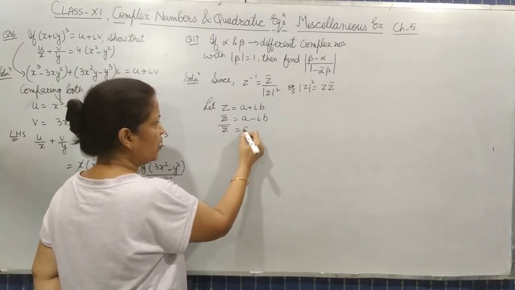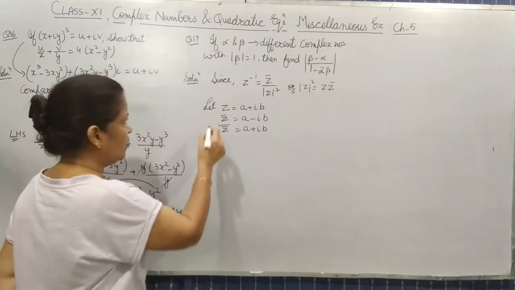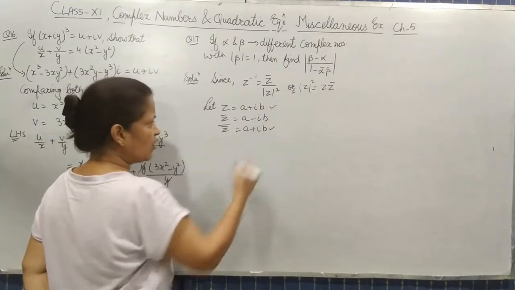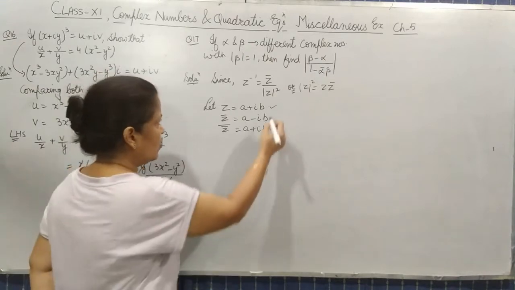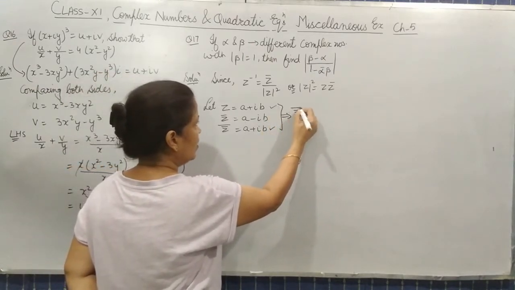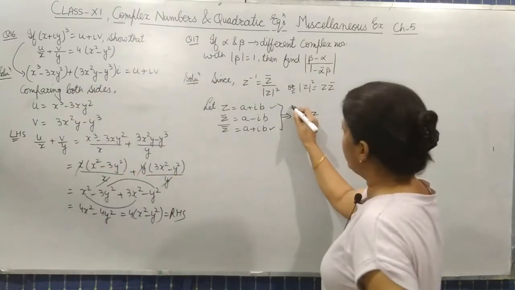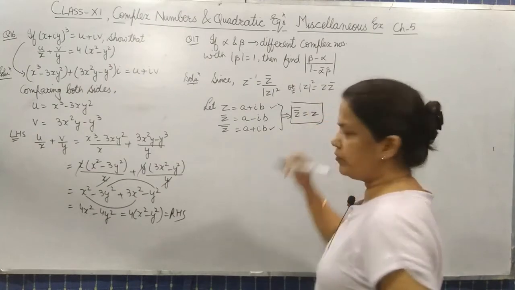This will become positive, so a plus iota b. So what does it mean from here? This part and this part are equal. So from here z double bar equals z. So somewhere we will use this concept also.